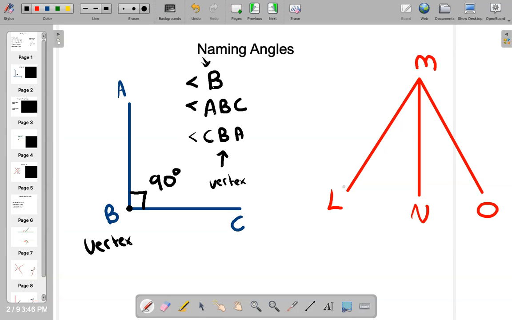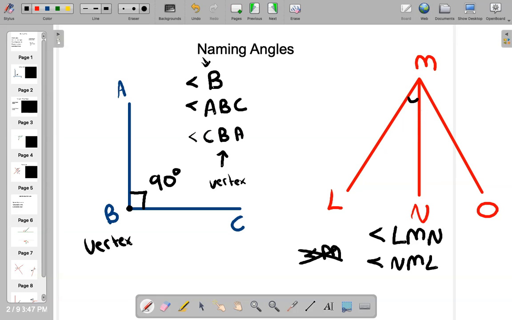Now, if I have this one, this is why if we call it angle M, it can be really confusing, because do I mean the angle from here to here? Or do I mean the angle from here to here? Or do I mean the angle all the way across? So angle M is actually not that good here as we get into harder angles. However, if I'm looking for this angle here, I could do LMN, or I could do angle NML from here to here to here, or the opposite direction.